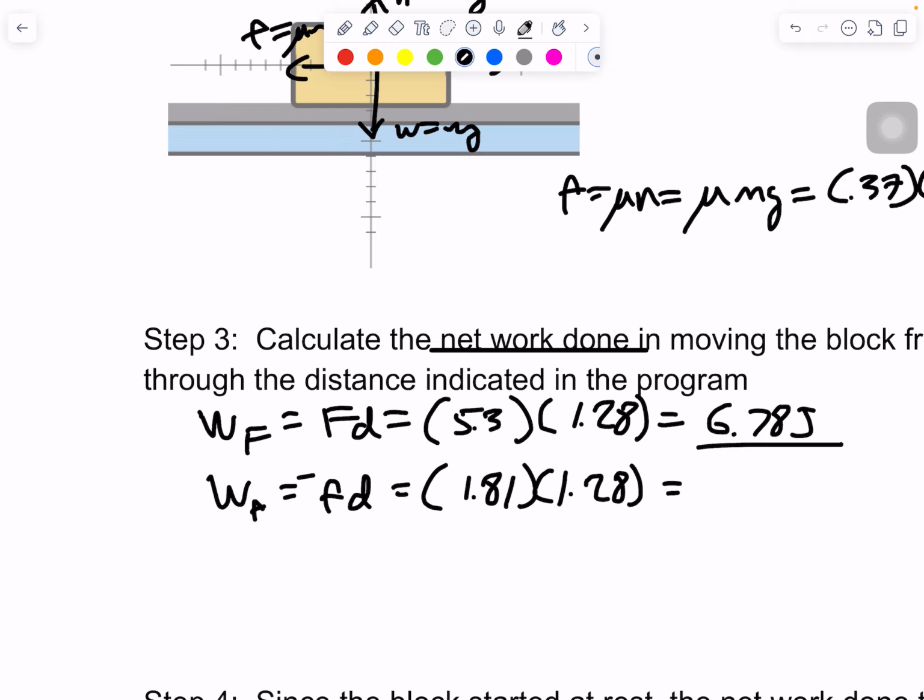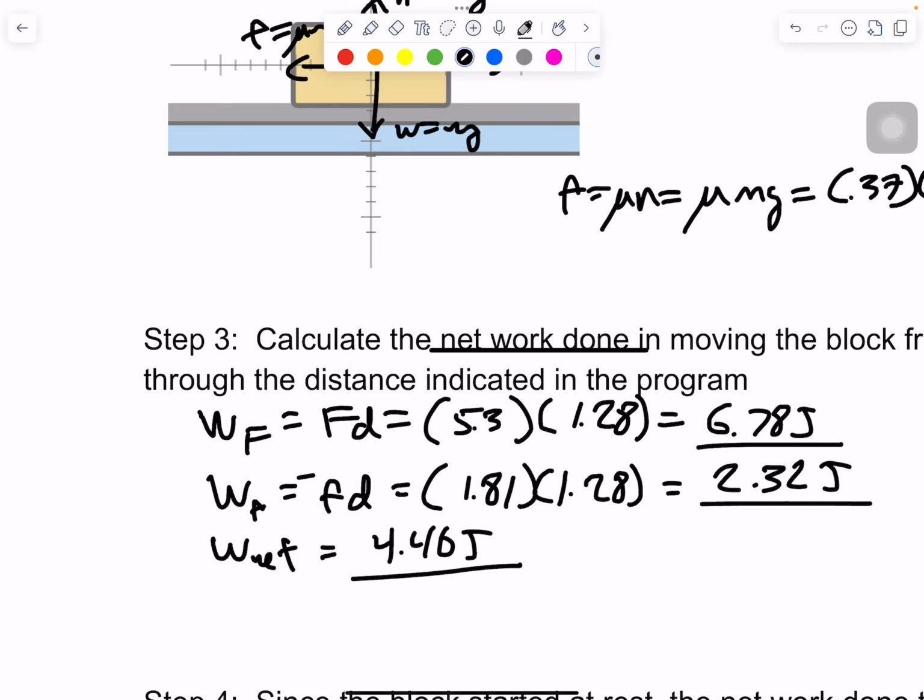Okay, sorry, my calculator just died. 1.81 times 1.28, so about 2.32 joules. The net work would be the sum of these. Since one's negative, you're technically going to subtract them. So 6.78 minus 2.32 is 4.46 joules.